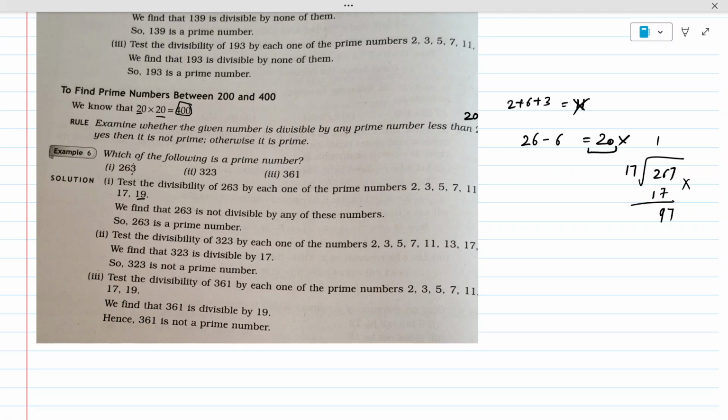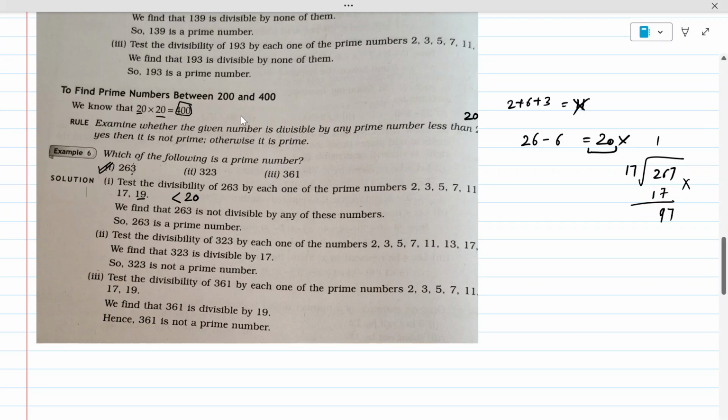So we have checked all the prime numbers less than 20, and it is not divisible by any prime number less than 20. That means this number is itself a prime number, right? Now similarly we can check the other given numbers, and the criteria is again the same. We have to check whether the given numbers are divisible by the prime numbers less than 20. If they are divisible, that means they are not prime, or else they are prime numbers.